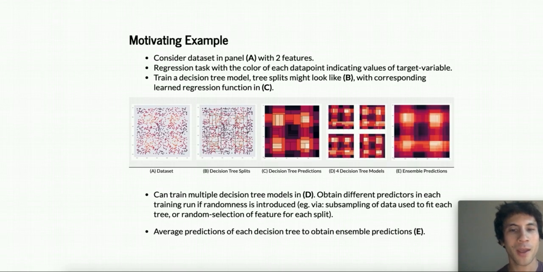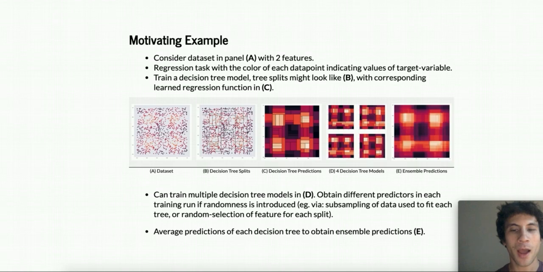If we were to fit 4 different decision tree models, we might obtain 4 different predictors in each training run shown in panel D if we were to introduce randomness. This could be either through subsampling the data used to fit each of these trees, or through, say, random selection of the features used to decide each split in each of the decision trees.